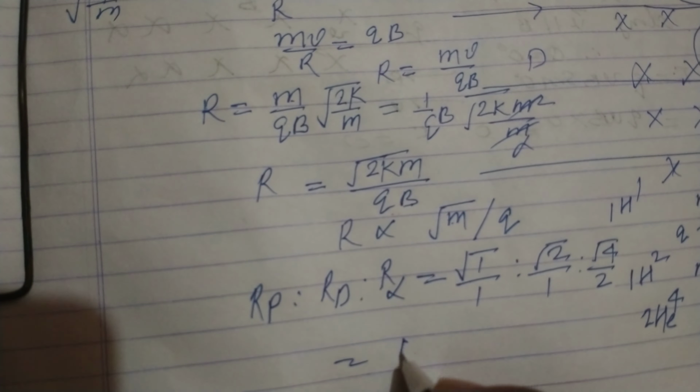So this becomes 1 to root 2 to, when under root 4 means 2 divided by 2, we get 1. Therefore the radii of proton, deuteron and alpha particle are in the ratio of 1 to root 2 to 1. So in this way we got the ratio of the radius of the circle attained by these three particles, which is found in option B.